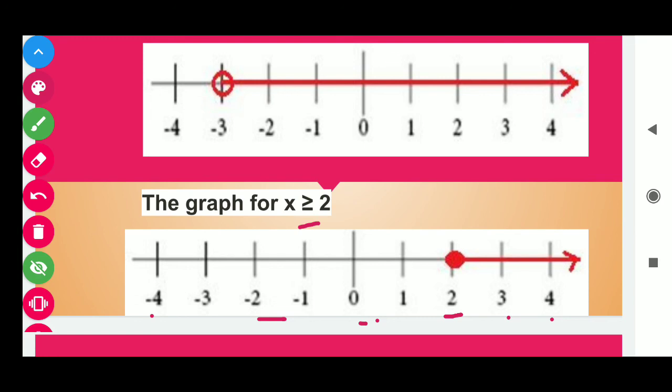In this way, in the right direction, x increases. So we will make an arrow up to infinity, and represent a circle at point 2, and you have to fill that circle because here we have used the equality sign.